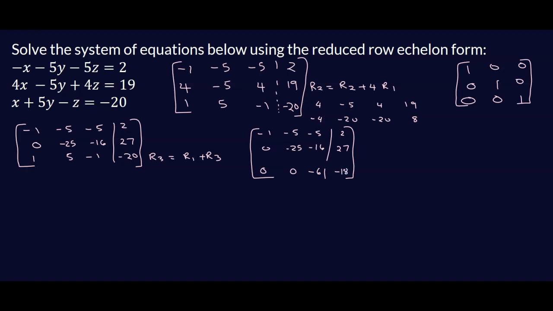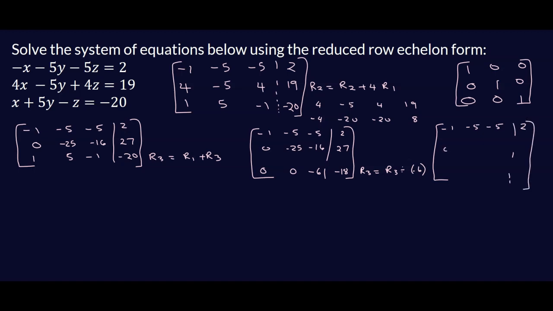So the next thing we're going to do is we're going to say row 3 is equal to row 3 divided by -6. So let's go ahead and simplify that. Rows 1 and 2 stay the same. -1, -5, -5, and then we have 2. Let's draw a vertical line here.